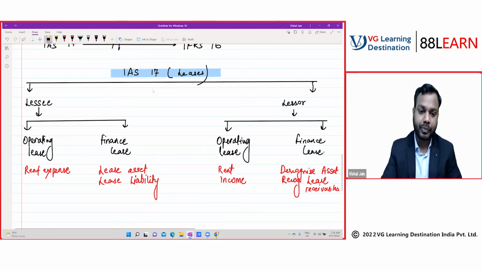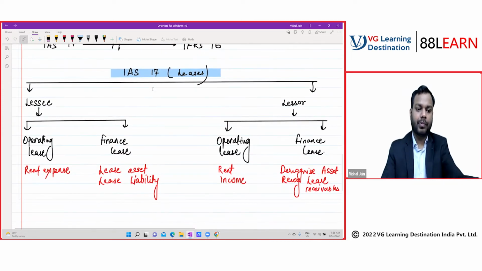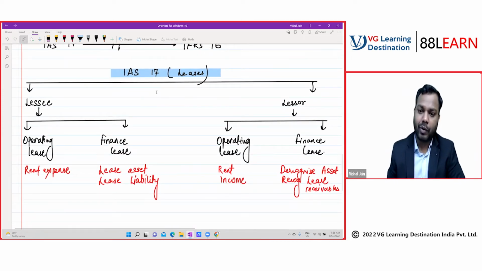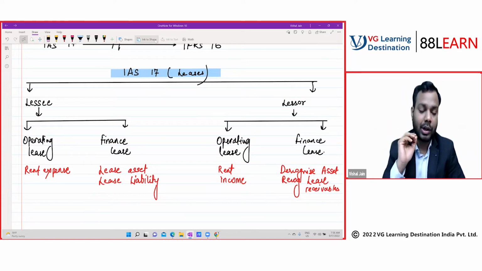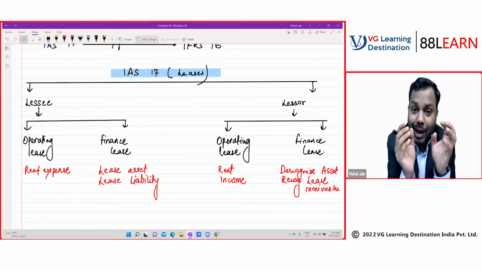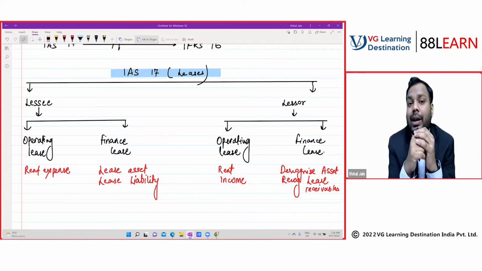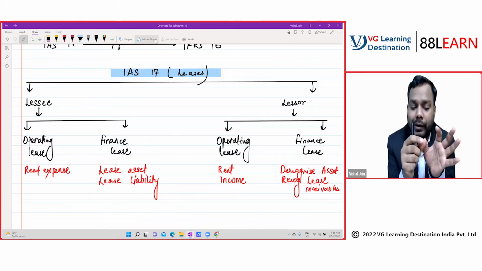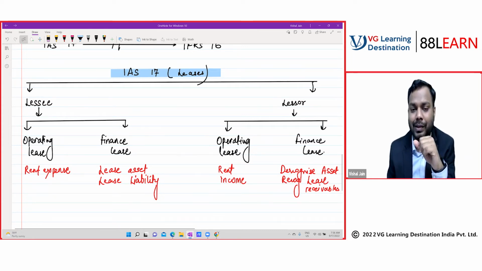Now, no questions for the next 5 minutes. Let me explain this and then I'll take up all the questions. What was happening was, when a lessee was taking assets on lease, you guys know how to classify a contract as an operating lease or a finance lease, right?